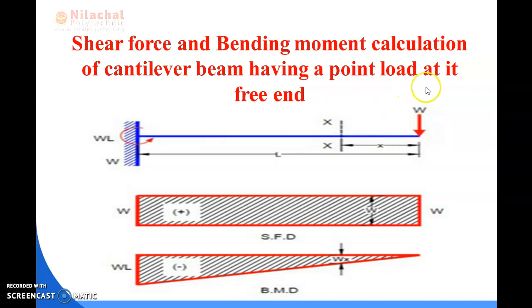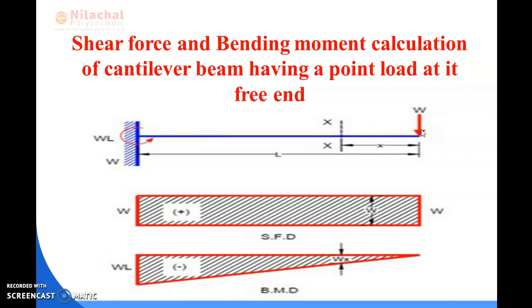Because the loading is here, we draw the section here, and the cut section distance from the free end we take as X. So first we assume an XX cut section at a distance X from the free end of the cantilever beam.